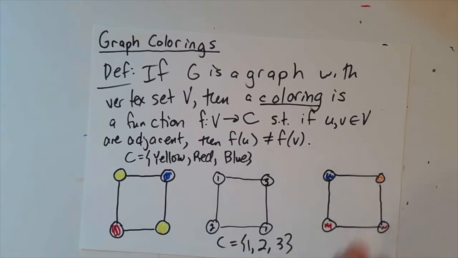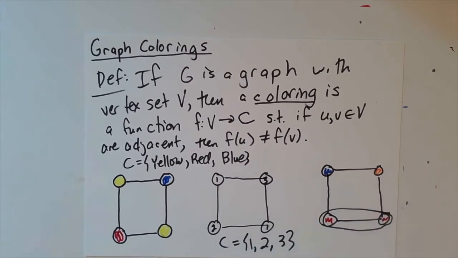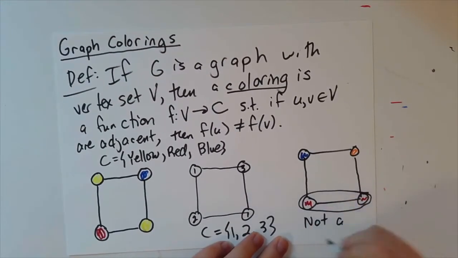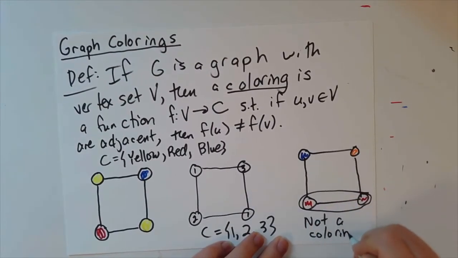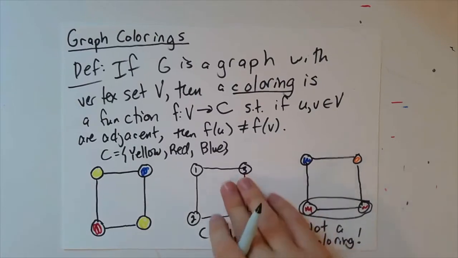This is not a coloring because of the pair of these vertices getting the same color even though they're adjacent. So this is not a coloring.